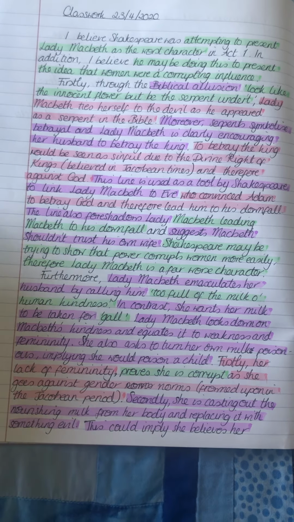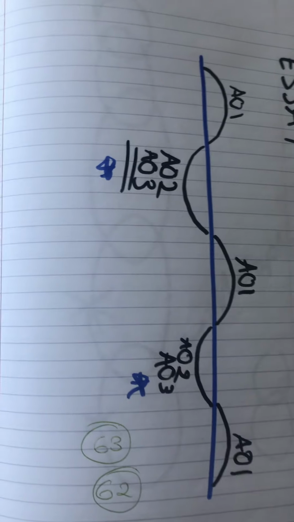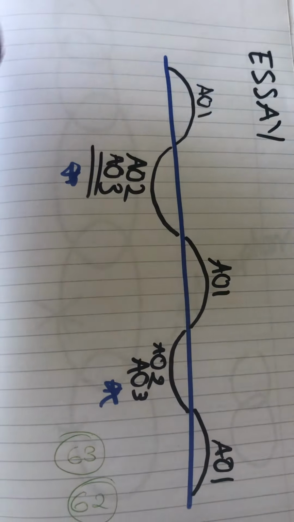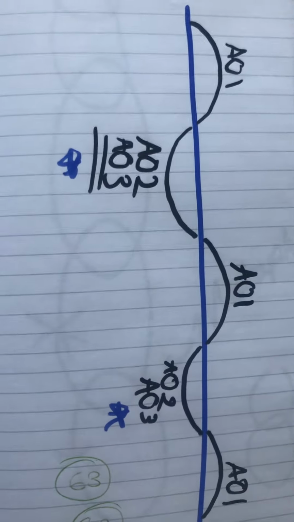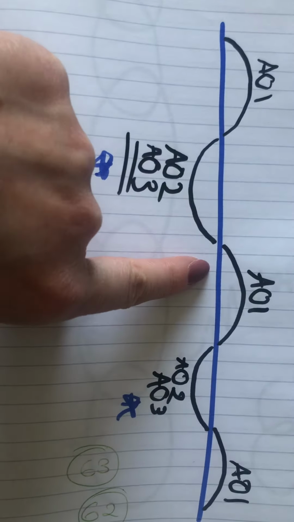And that is because, and I know I've gone through this with you before, it's all about weaving your essays together, okay? If you were to sew, you would have a stitch going over and a stitch coming under.